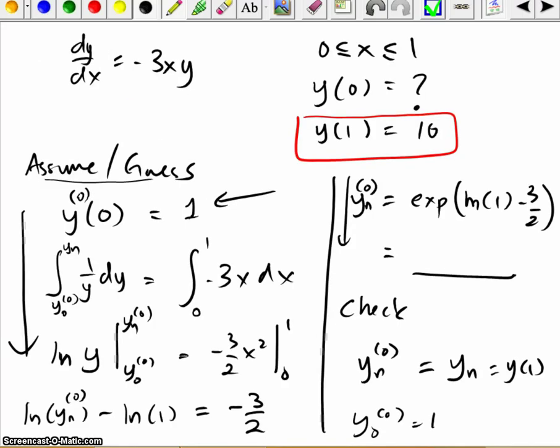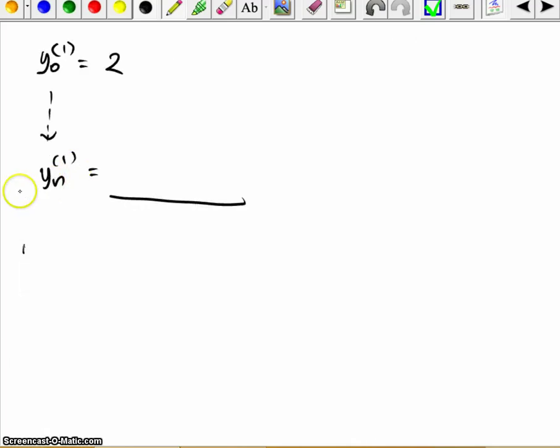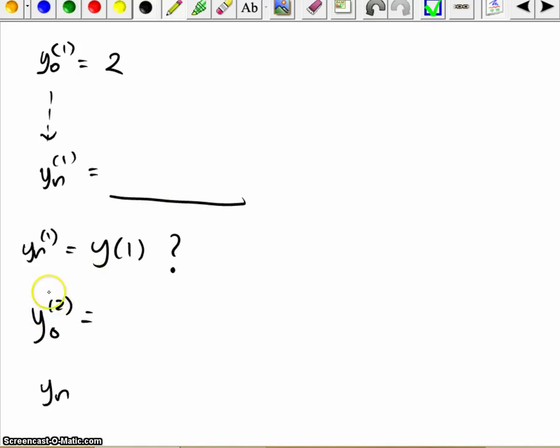Okay, so again you check whether yn1 is equal to y1. If it is not the same, then you have to move on to your second guess, and you just make any guess. Of course, it has to be an educated guess, and you keep on doing this until you reach the condition where yn k is equal to y1.